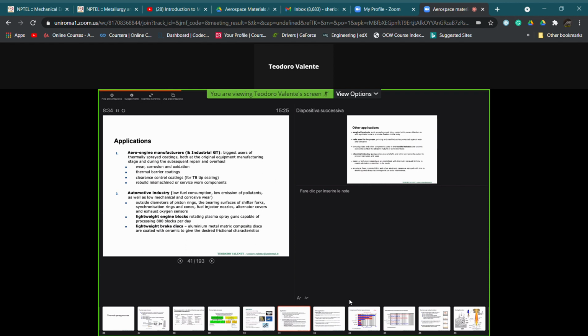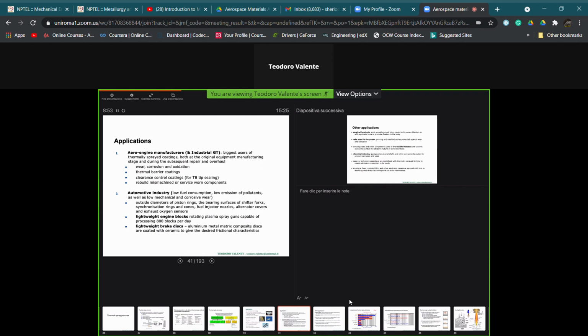These coatings are also used on lightweight engine blocks by special technologies called rotating plasma, because the gun is rotating in order to cover the cylinder. Essentially, when we use light alloys, why light alloys?